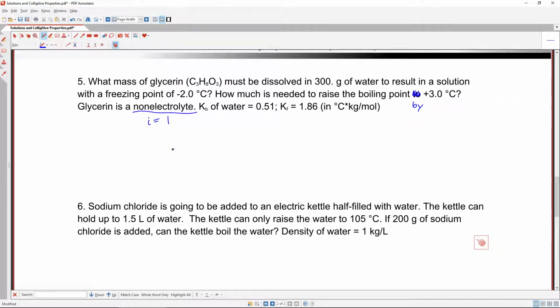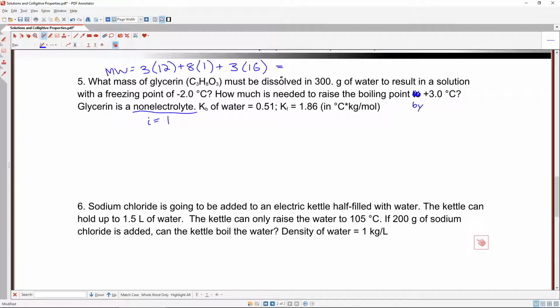Cool. Okay, let's very quickly solve for the molar mass of glycerin. So the molecular weight is equal to 3 times the molar mass of carbon, because we have 3 carbons, so it's 12, plus 8 times the molar mass of hydrogen, which is 1, plus 16 times the molar mass of oxygen. I said that backwards. This is 16 and I have 3 of them.